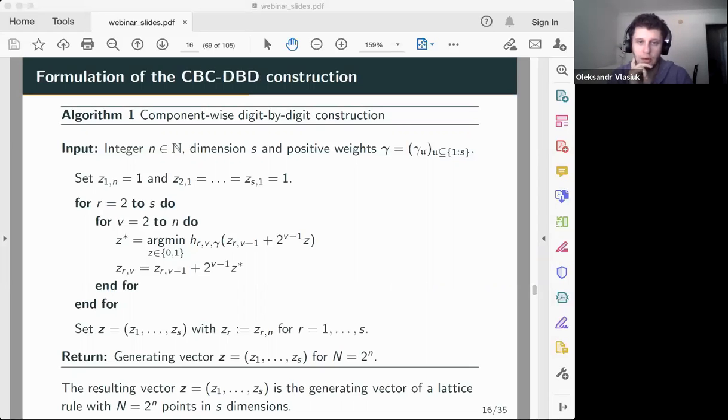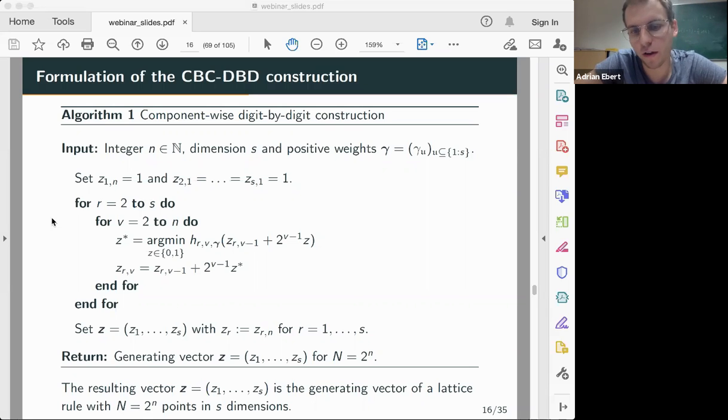Adrian, do you plan to, or maybe you're already doing this, tabulate these good z vectors and maybe make them available? Yeah, it could be done. It depends. Of course, the algorithm really doesn't take very long if you need it for a moderate number of points. We did it for 2 to the 20 points and 100 dimensions, and it really just takes a few seconds. If you do very heavy computations, one could save it and then avoid some computations.